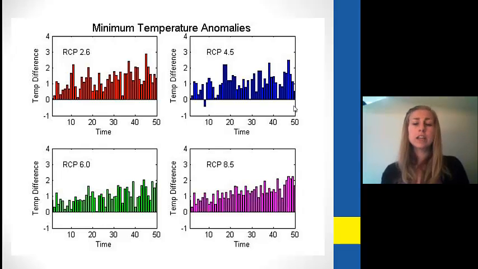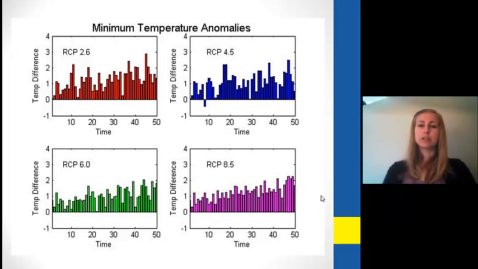And then looking again at the minimum temperature anomalies, just like we did for the maximum temperature, they all are positive, except for the one instance in RCP 4.5, and on average they are showing about a 1 degree increase from that 1950 to 2000 mean, strongly showing that there will be a temperature increase in the future for that minimum temperature as well.